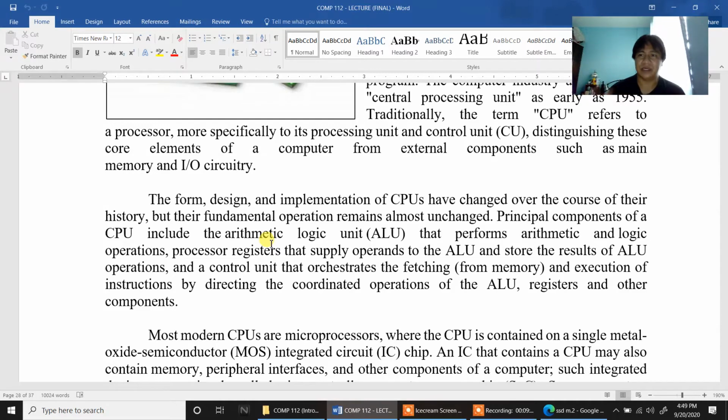And right now, the latest are the Core i3, Core i4, Core i5. And there are lots of brand names of the microprocessor or CPU, like Intel and AMD. There are other brands also on the market that you can choose.